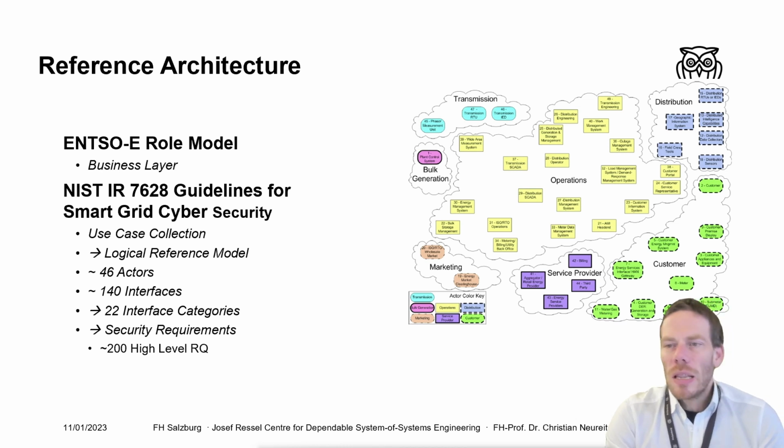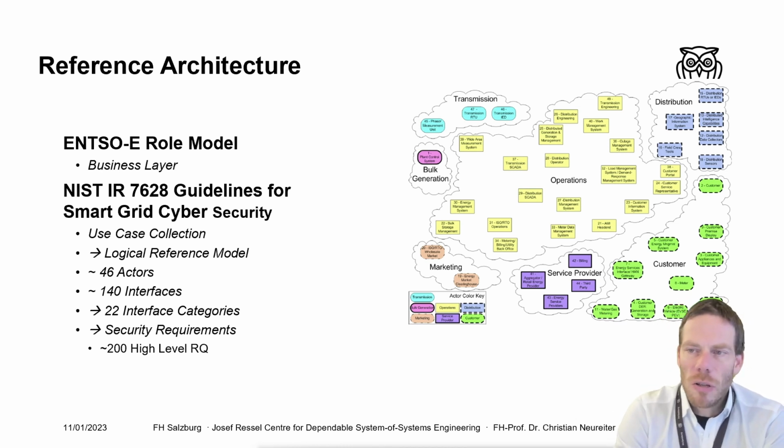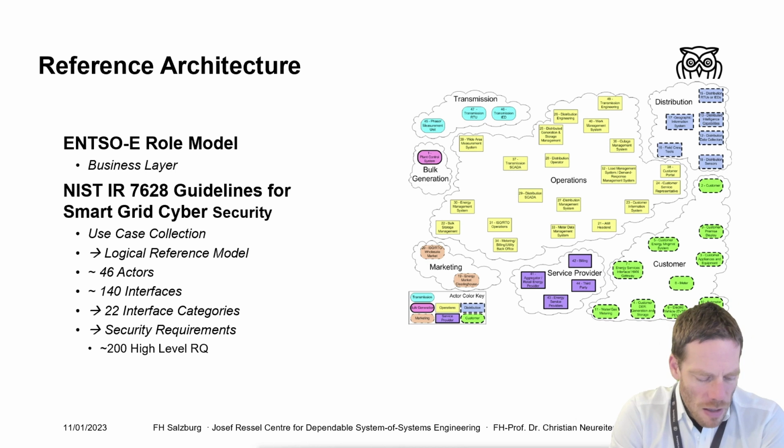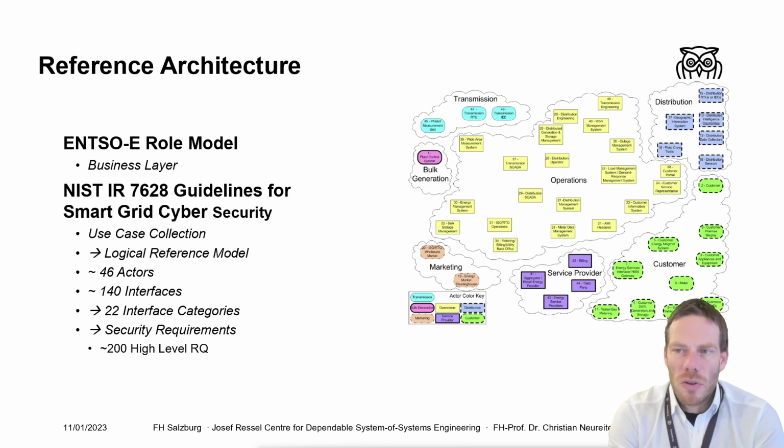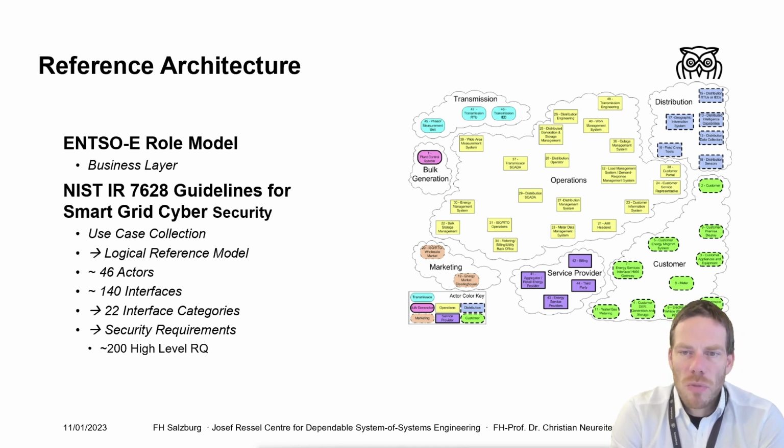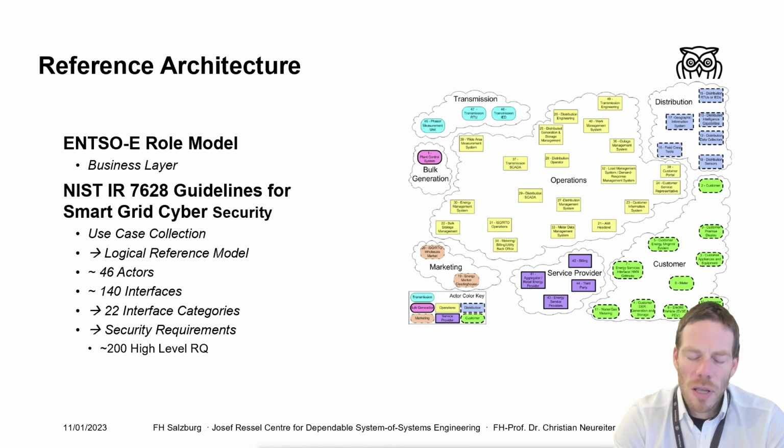To tell you a little bit more about this logical reference model, the idea of the NIST logical reference model was to provide a blueprint solution that can be used for the development of secure architectures.